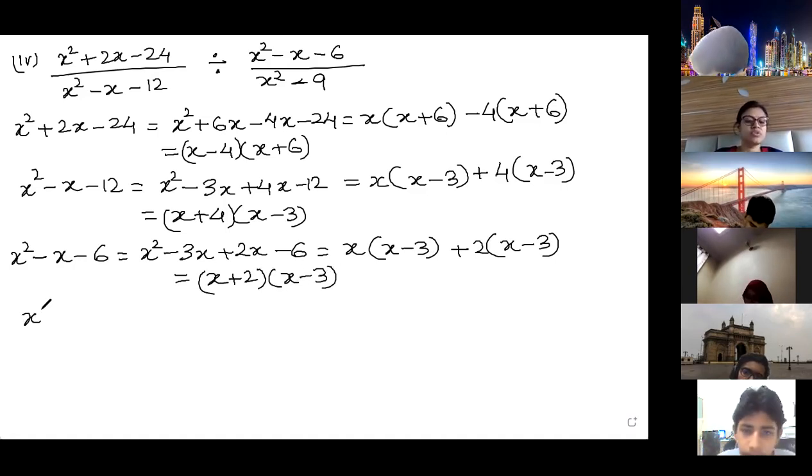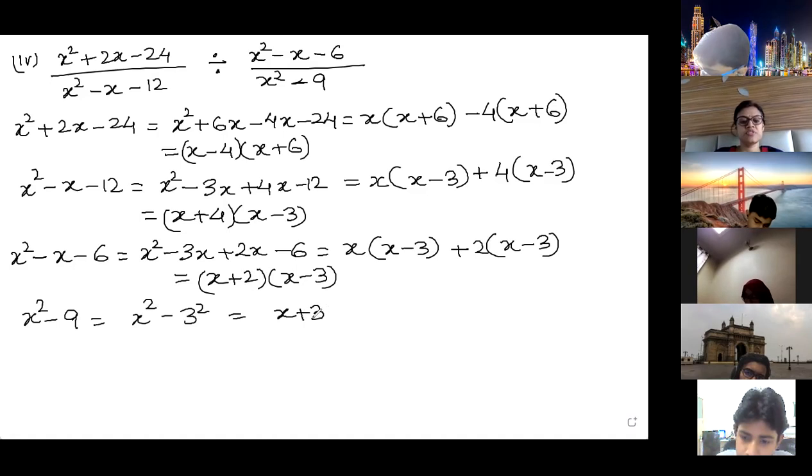And the last one, though everyone knows, x square minus 9 is x plus 3 and x minus 3.